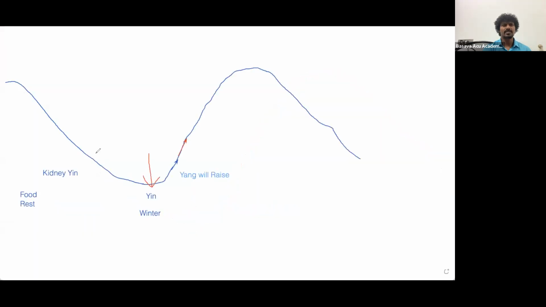For that kidney yin deficiency, you may quote 100 problems, 100 reasons, but most of the time it is only two. Food and rest. These two are very important to create the yin energy in the body.